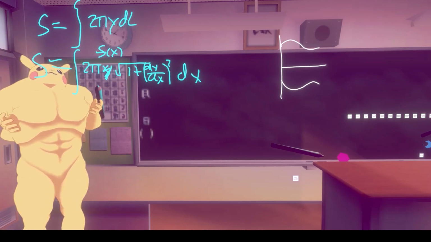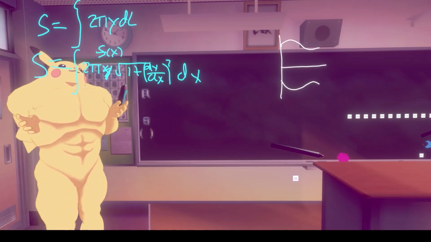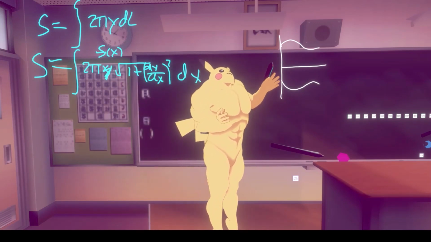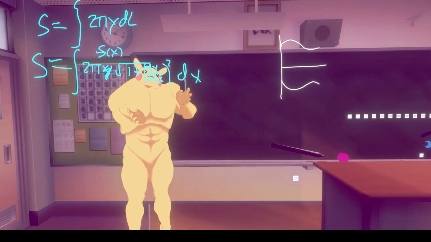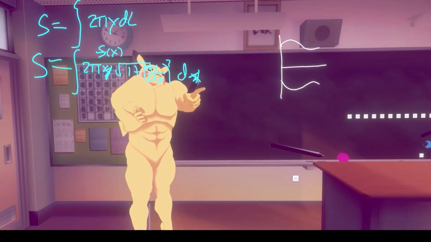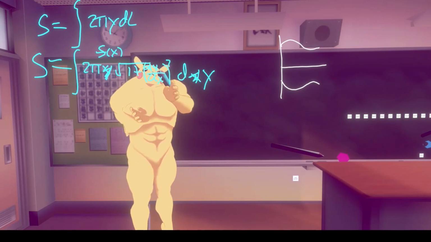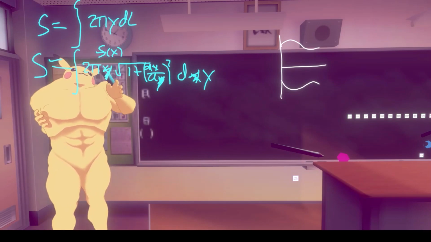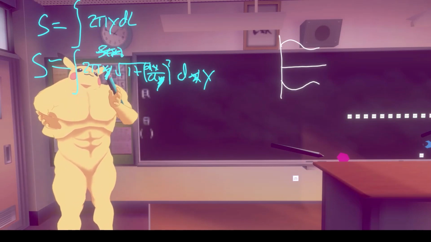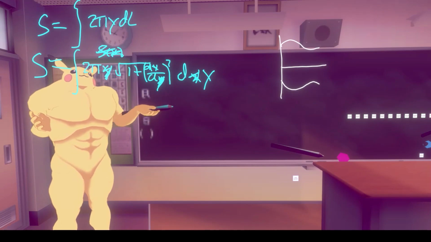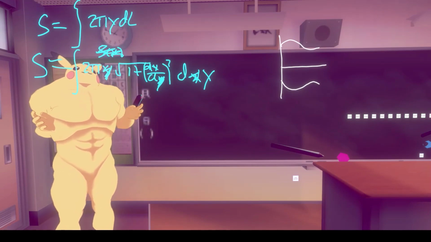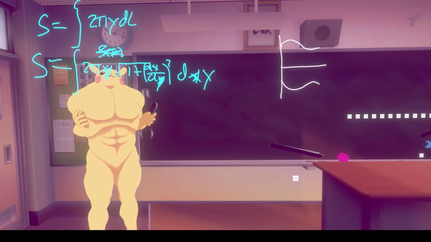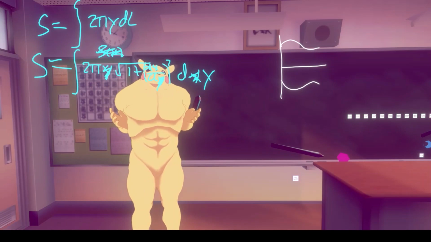Well, that's because in this rare scenario that the function was giving x as a function of y instead of y as a function of x, well, this right here wouldn't be dx, this would be dy, and this would be dx over dy. In that case, we couldn't just use y instead of f of x. We can directly use y, and we would just save so much trouble instead of just inputting f of x and going through more calculations. So that's the reason why we use y, and then we substitute it.